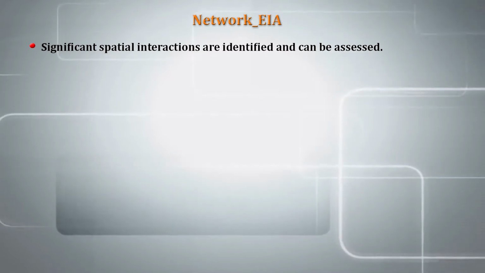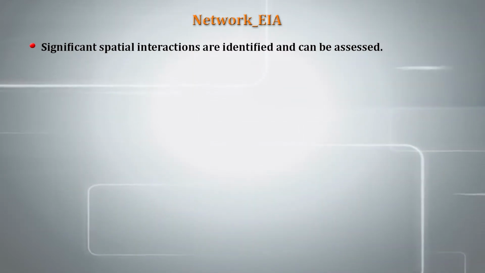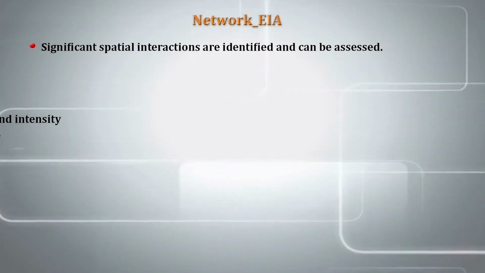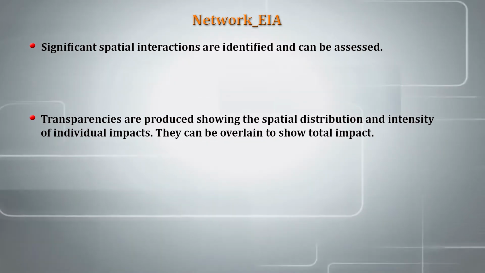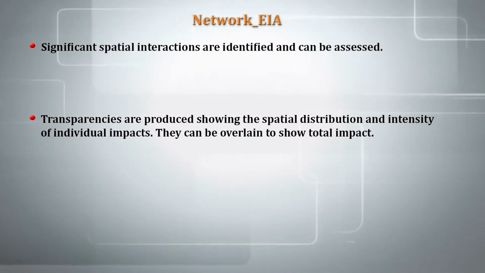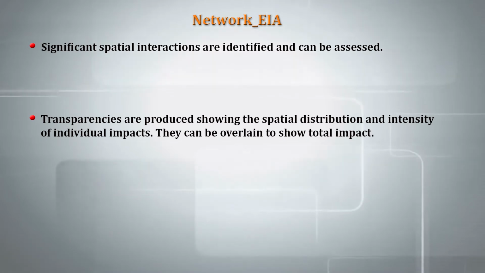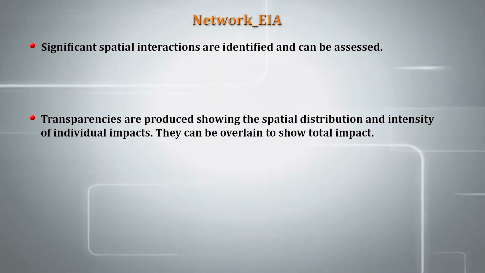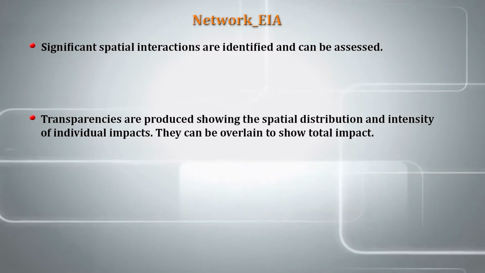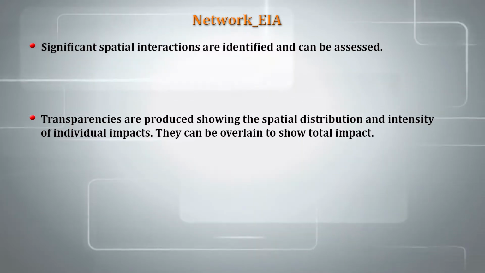There are a lot of interactions in the spatial interaction between one layer above the other. The transparencies are produced showing the spatial distribution and intensity of the individual impacts. When you place one above the other, ultimately you will get a cumulative impact or a total impact.